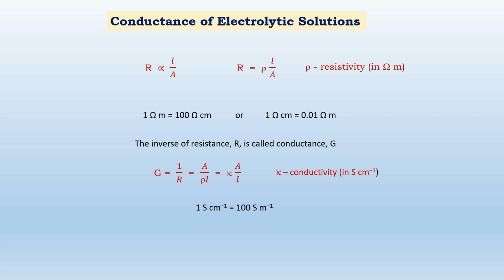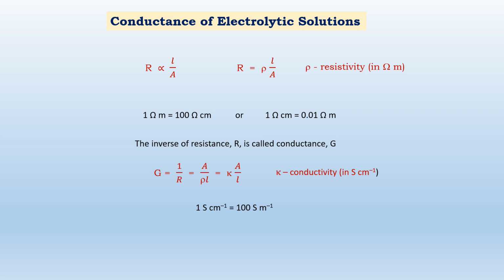Wood has higher resistivity. Here I have given the unit conversion for resistivity. 1 ohm meter is equal to 100 ohm centimeter, or 1 ohm centimeter is equal to 0.01 ohm meter. You already know the unit conversions, that is, 1 meter is equal to 100 centimeter, or 1 centimeter is equal to 0.01 meter. Why have I given this?